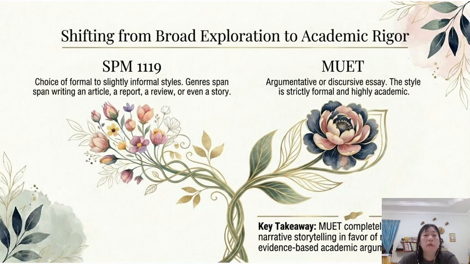The genres for their choices span from writing an article, a report, a review, or even a story in Part 3. Whereas for MUET Part 2, it is strictly argumentative or discursive essay. And for both types of essay, students are required to be highly formal and academic in their language.